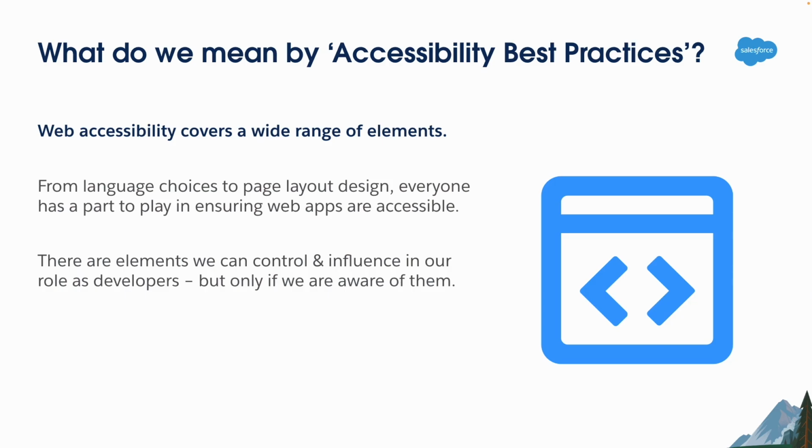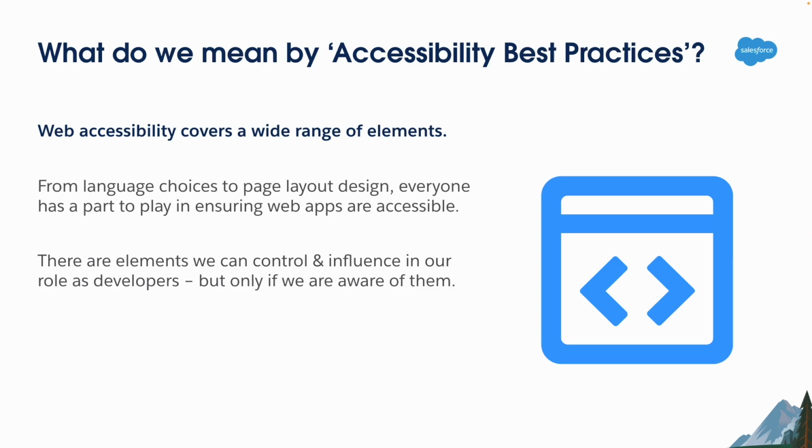Okay, so what do we mean by accessibility best practices? When we are building a website or a web app, every decision that we make has an impact on its overall accessibility. This can be from language choices to page layout designs to the colors that we're picking, the way that we're laying out our page, the amount of time we're giving our users to complete interactions that we're asking them to complete, and on and on.